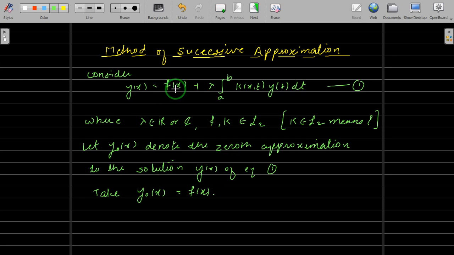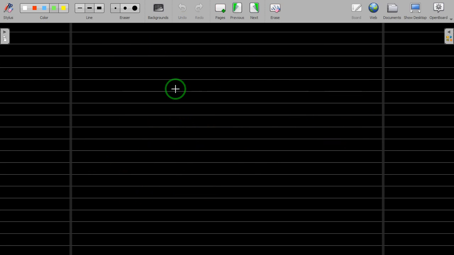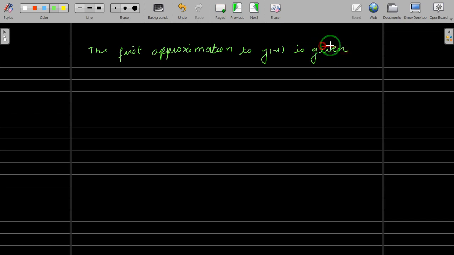Clear? Now for the next approximation, that is the first approximation, you use your zeroth approximation, the function f. The first approximation to the solution y of x is given by y1. y1 is the first approximation, y2 is the second approximation, like that.